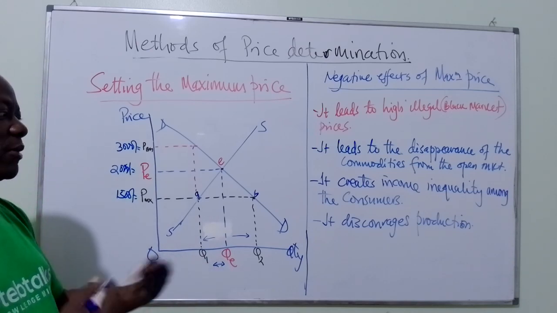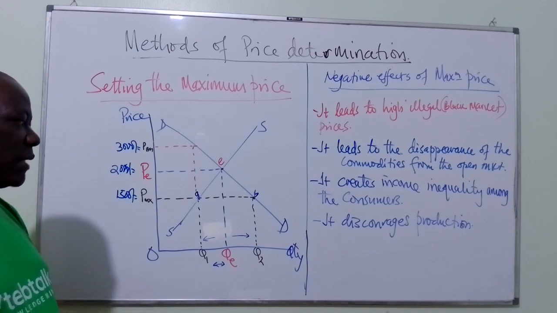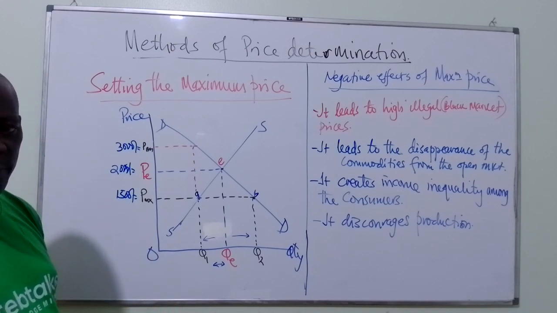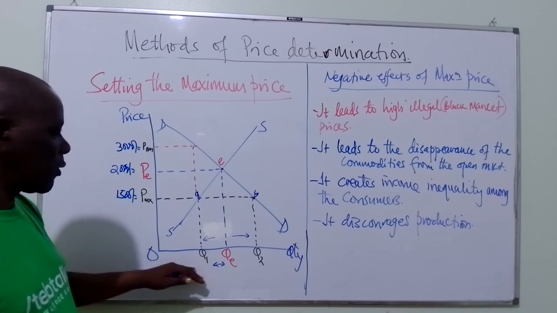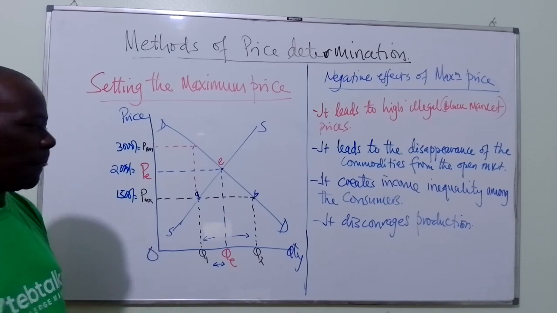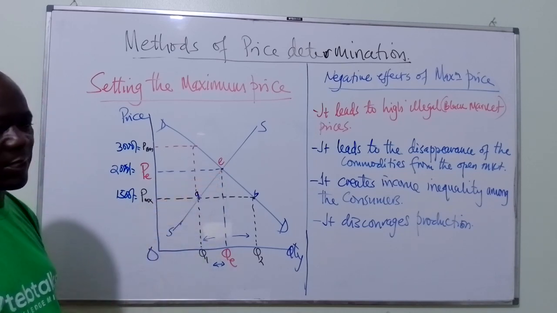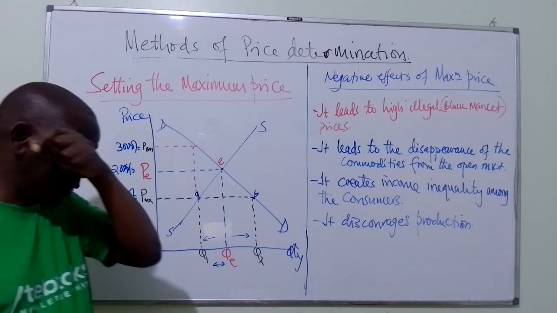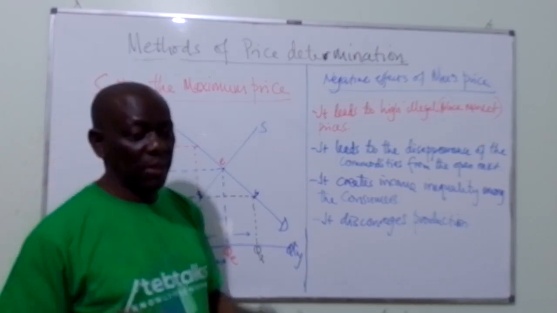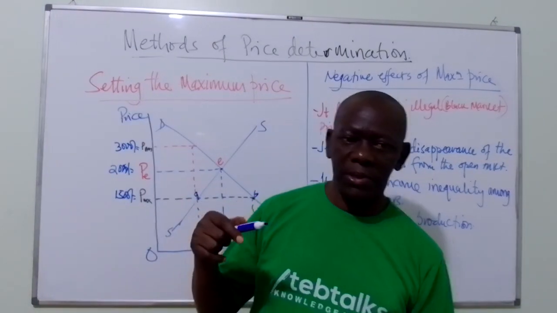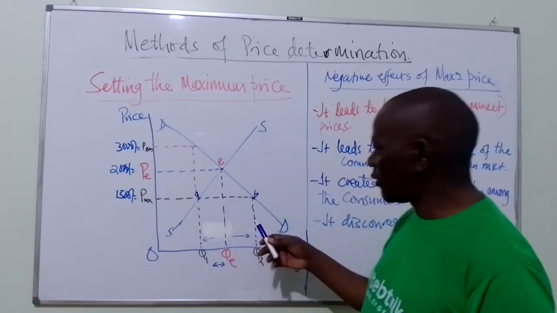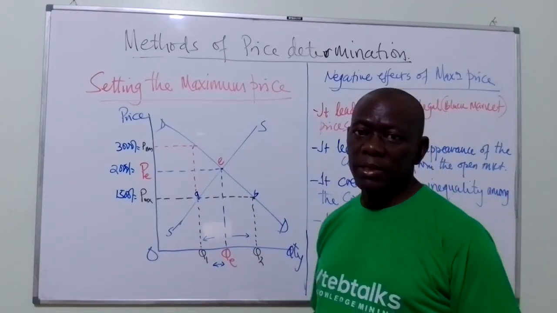Some will even abandon the production completely. Others will reduce the amount they are producing, because now the price is lower than what it has been. And you know, the higher the price, the higher the supply. The lower the price, the lower the supply. So because of that, the supply reduces.